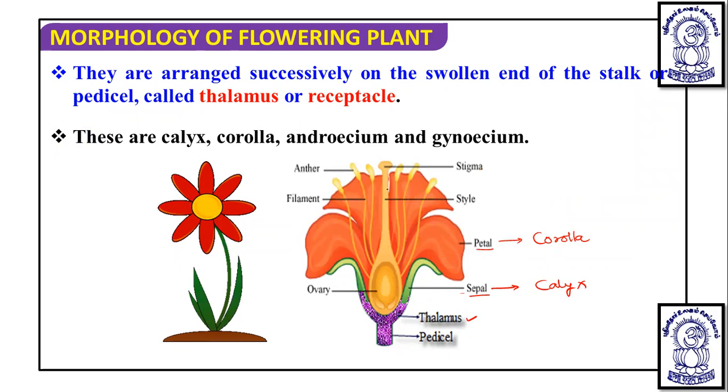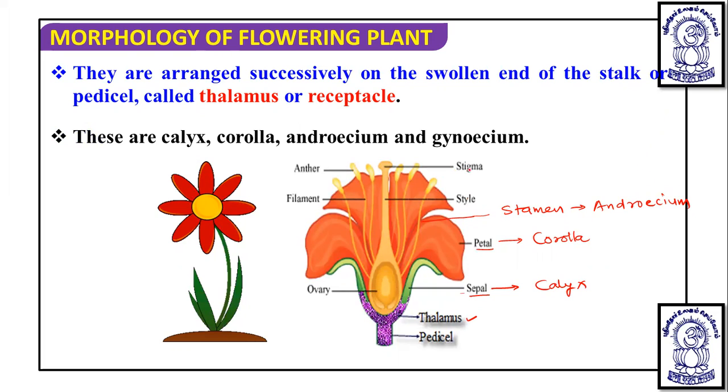Then this part, which has an anther and filament, is known as stamen, and its group is known as androecium.